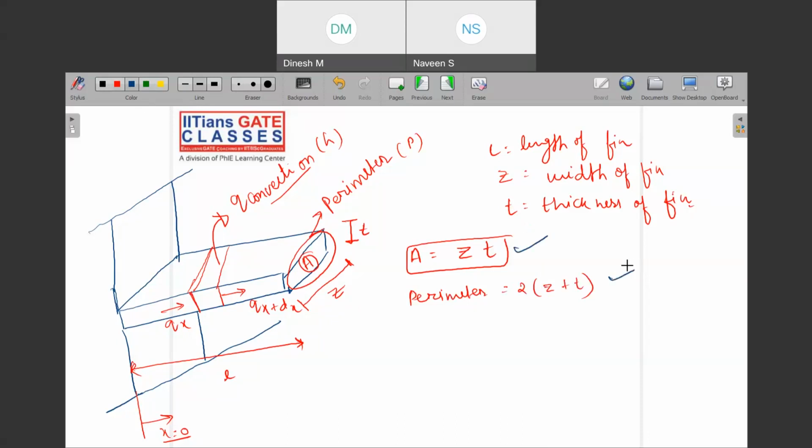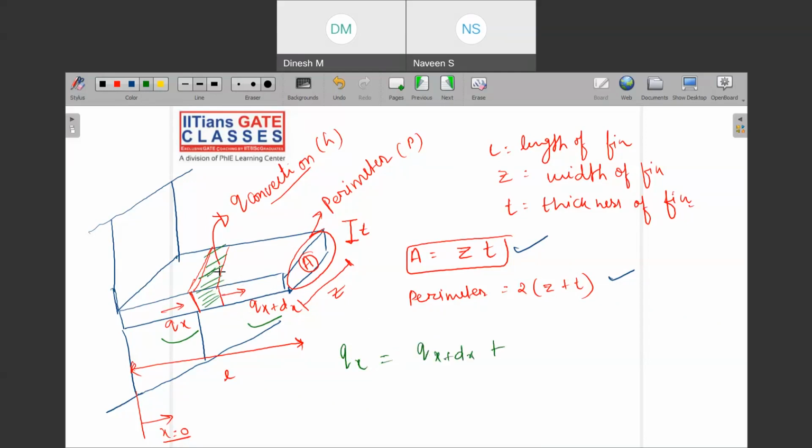Now if I go on analyzing the fin, then what you would see is that you have one heat conduction here, you have one heat conduction at this point, and then heat is being conducted to another point, then meanwhile it is convecting also. So what are the changes now I can see? Can I see that I can write down this qx value which has come to this strip is equal to what is the heat conducted away. So first thing, heat conducted away out of the fin.